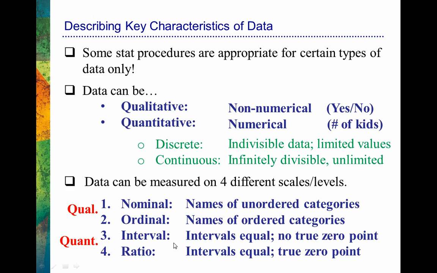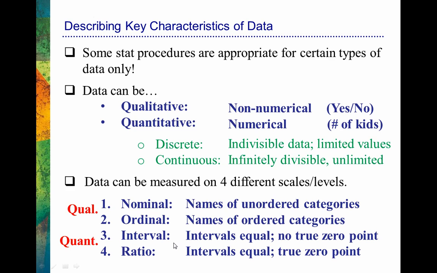Well, let me give you an example of that. If we're talking about something like distance, I was asking you previously how far you travel to go to school. That scale is a ratio level scale because when I think of miles driven, let's just use miles as an example, we can have 1 mile, 2 miles, and the difference between 1 and 2 is a difference of 1 mile.